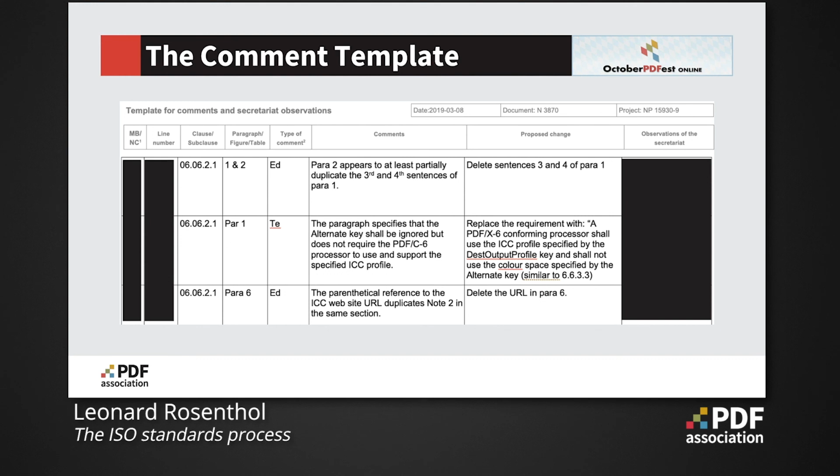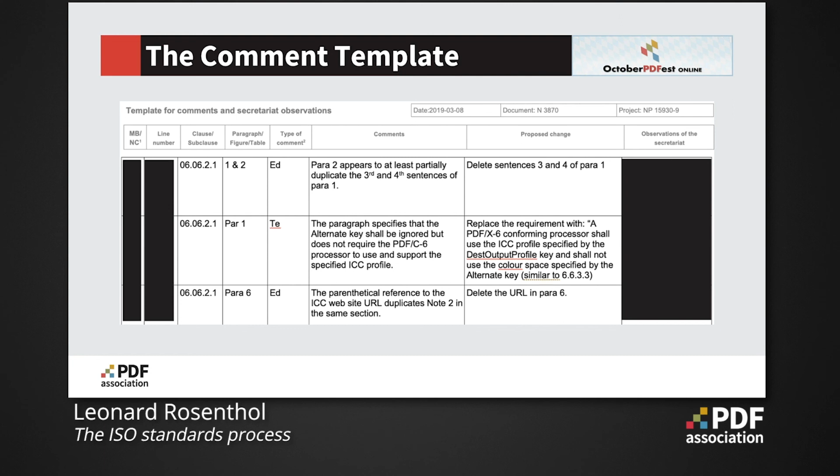They wrote the comment, what the concern was, in the comments column, and then a proposed change in the proposed change column. Because this was simply a textual change, they wanted to just delete some sentences, and those sentences didn't impact the technical nature of the document, they noted this as an editorial change. That's why it says ed under type of comment.